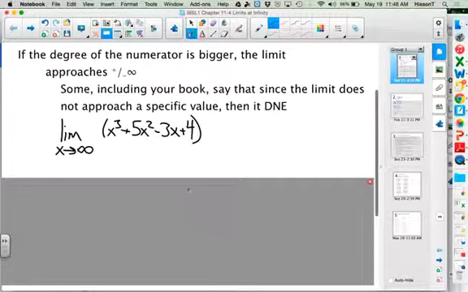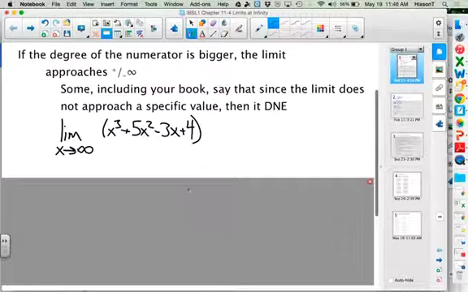So you can kind of think in terms of this. Any polynomial function, what's the limit going to be as we approach infinity or negative infinity? If it's not a rational function, it's just something like this, then the limit will equal infinity or negative infinity. How can we tell which one it's going to be? Based on whether it's positive or negative on the highest degree. You guys remember that leading coefficient test?